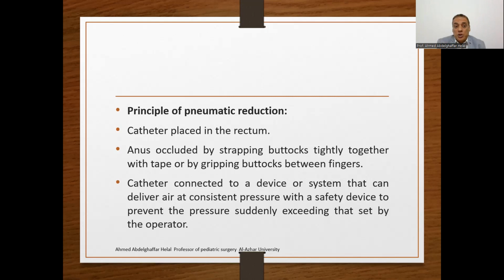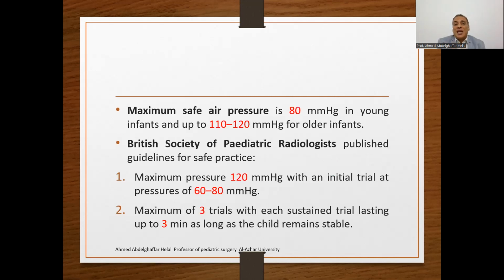Very important question. The maximum safe air pressure is about 80 millimeters of mercury in a young infant and up to 110 to 120 for an older infant.